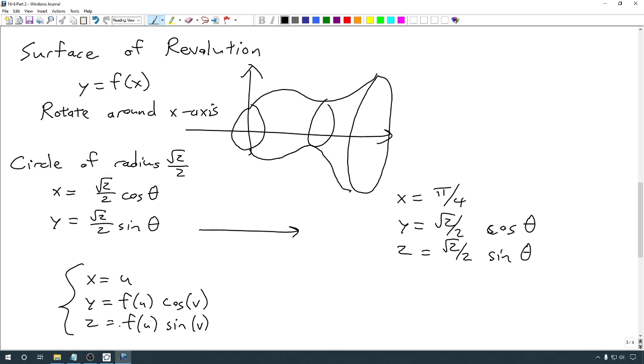And we're using that radius in order to make our circles. We didn't have to already know that pi over 4 and square root 2 over 2 were the center on the x-axis and the actual radius of the circle coming from the function at that point. All we needed to know was that it was just the radius.